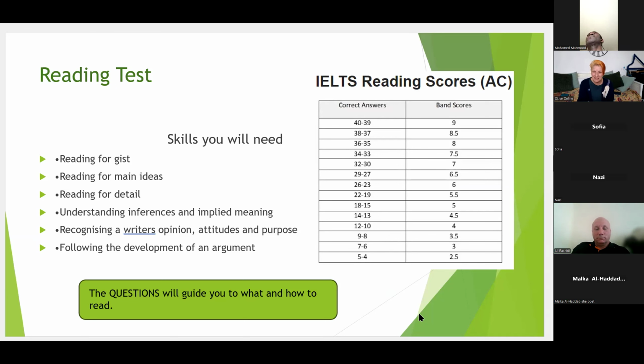Yep, 6 to 7 questions wrong and still get a 7.5. A 6 to a 6.5 will get you into most universities in the UK. So if you only need a 6, how many questions can you get wrong if you need a 6? It's incredible, isn't it? Yeah, 14 questions wrong.